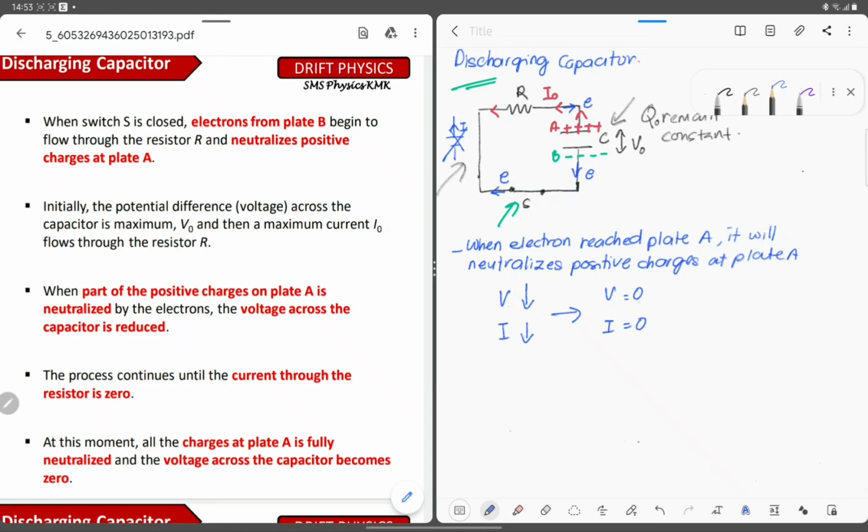So when V equals 0 and I equals 0, we say the capacitor is now fully discharged.